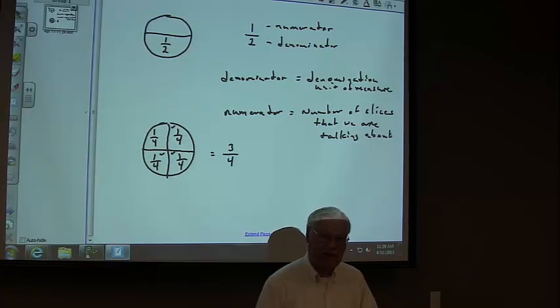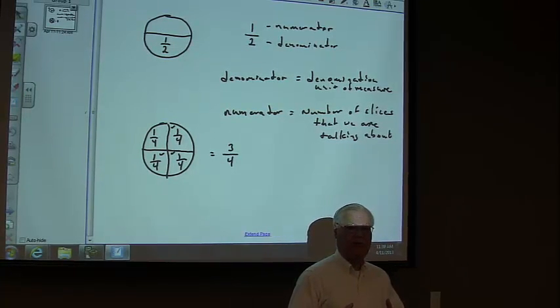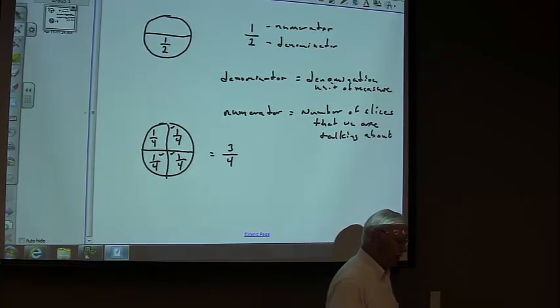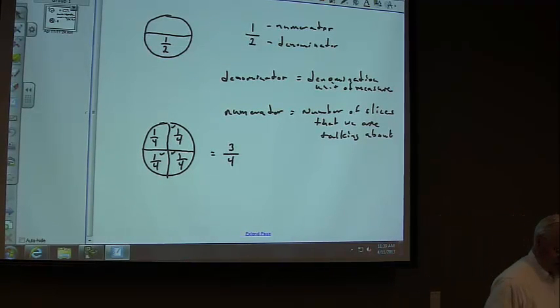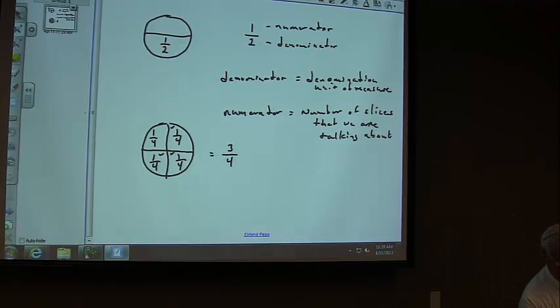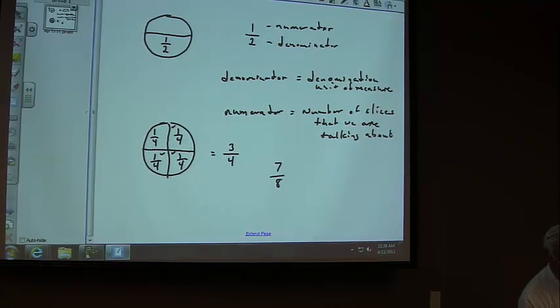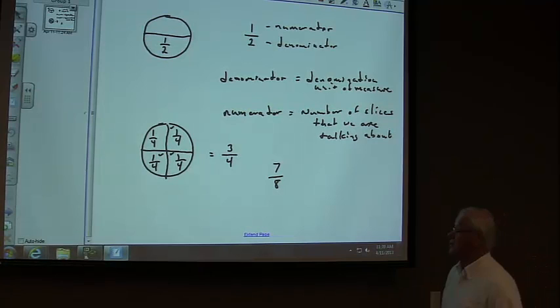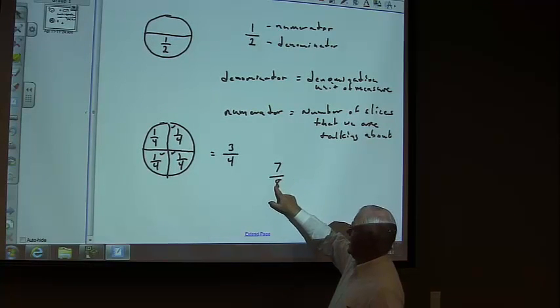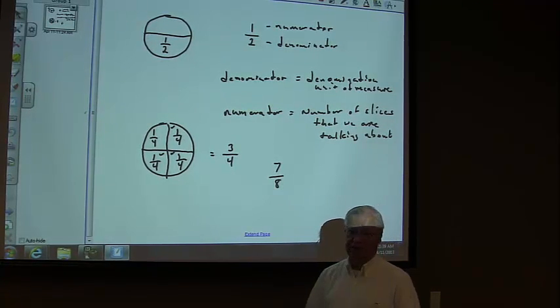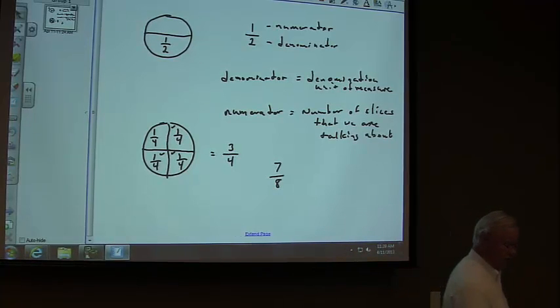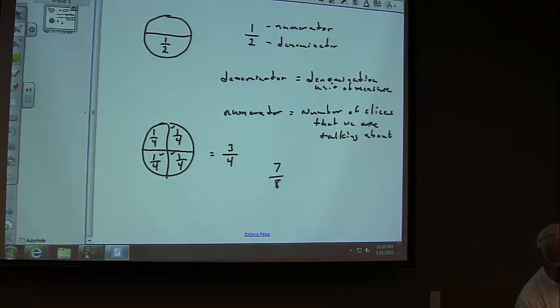Now with this in mind, we can begin to picture what's going on when we see a fraction. If I see a fraction 7/8, the first thing that I should see is pies cut into 8 slices, and I'm talking about 7 of them. So let's see, 7/8, what would that look like?